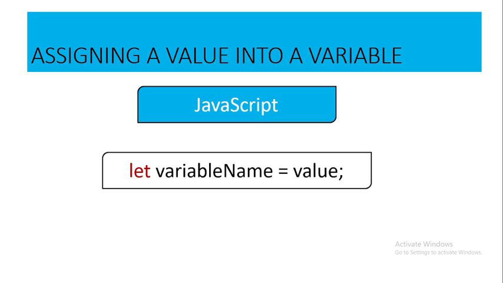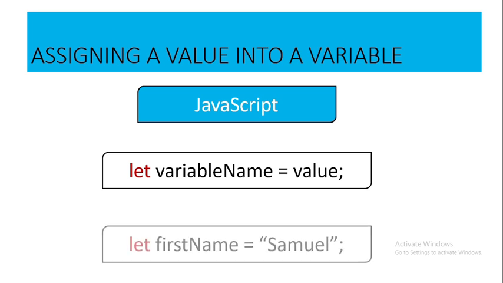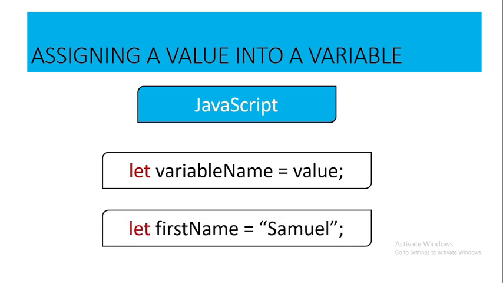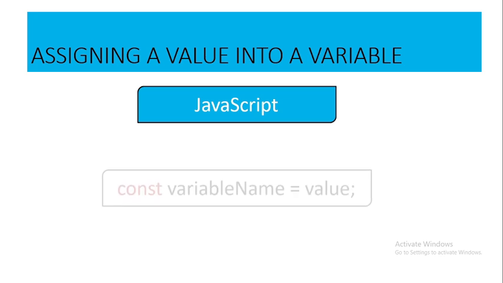So this is how we assign a value to a variable in the JavaScript programming language. So we can have let first name equal, then the value we put into first name is Samuel. So we have let first name equal Samuel.